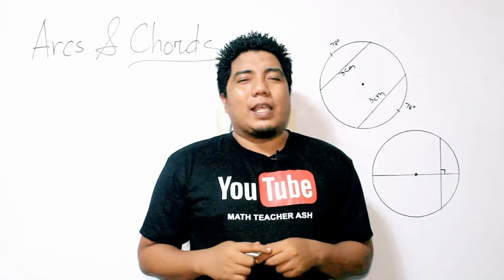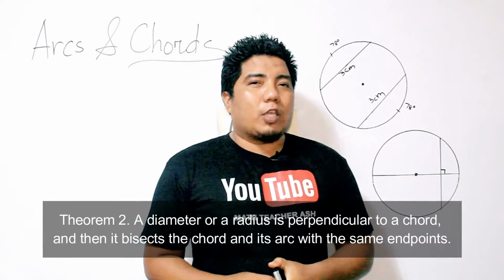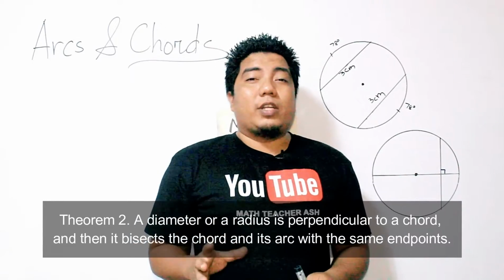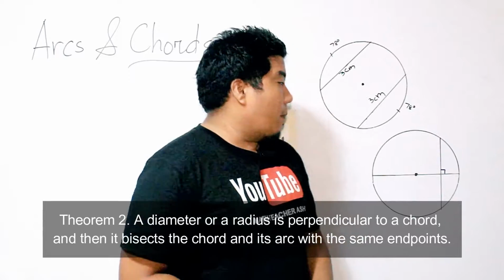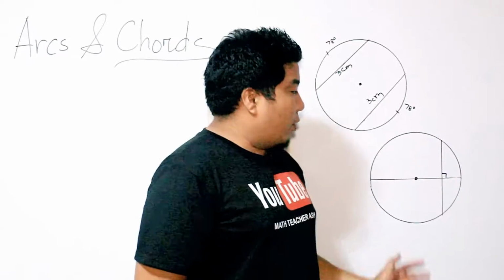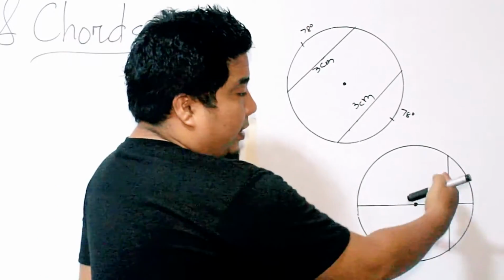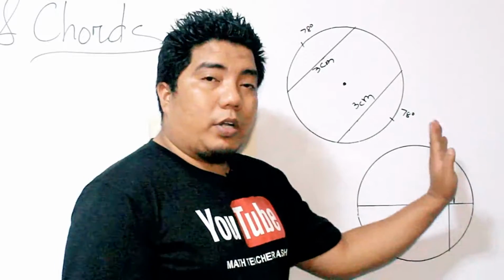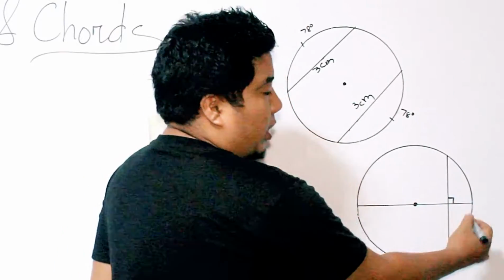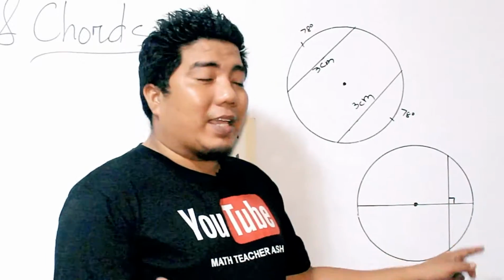Theorem number 2 states that if a radius or a diameter is perpendicular to a chord, then the chord is bisected and the arcs are congruent with the same endpoint. What do I mean by that? If we have this figure, this is a diameter, right? And this is a chord. Let's say that this diameter and this chord are perpendicular with each other, meaning that the intersection forms a 90-degree angle.